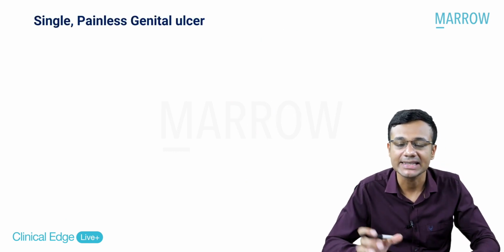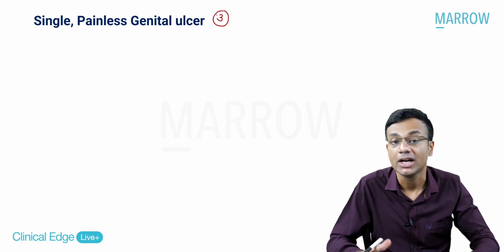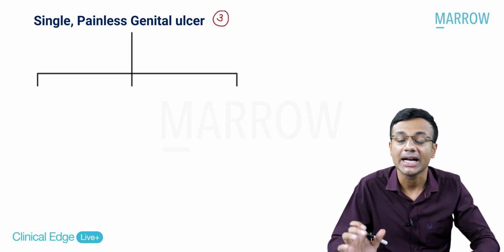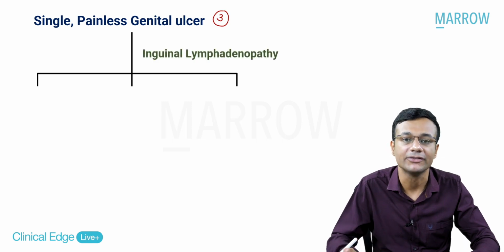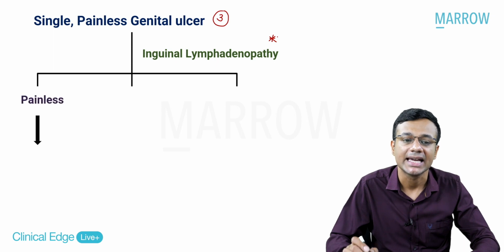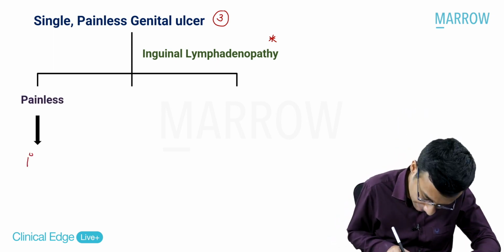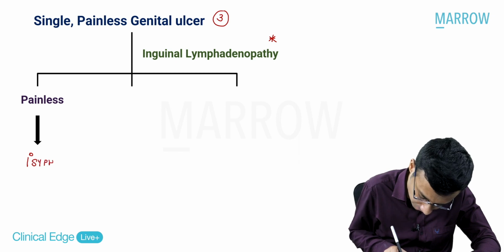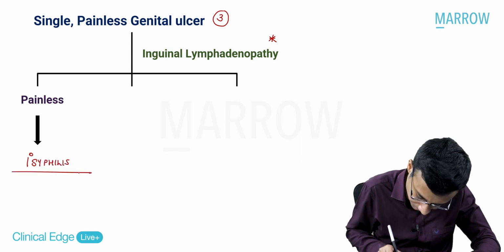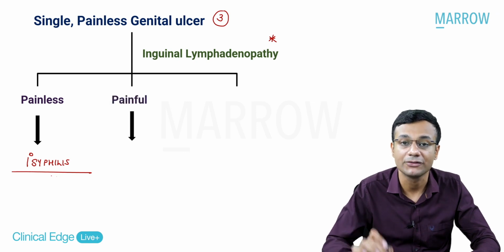Now, whenever there's a single painless genital ulcer, we have already kept those 3 causes in mind. Now, how do I further segregate them? I immediately look at the inguinal lymph nodes. This is very, very important. So, suppose the question says inguinal lymph nodes are painless. Then I'm going to mark it as primary syphilis. Suppose the question says inguinal lymph nodes are painful.